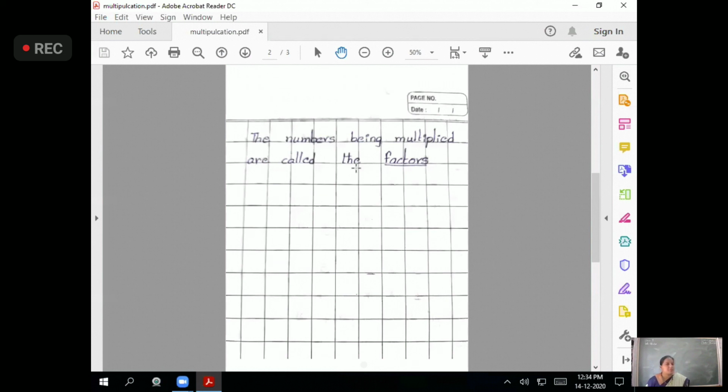The numbers being multiplied are called the factors. Means what numbers we are multiplying are called factors. The answer of the multiplication is called the product. You have to remember these points.